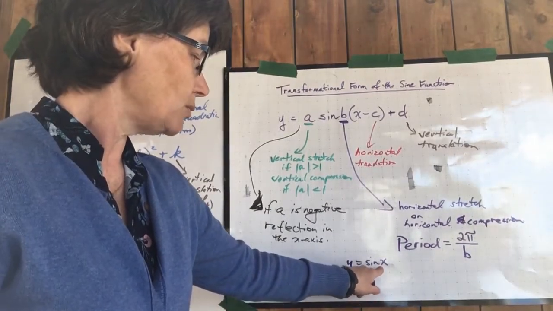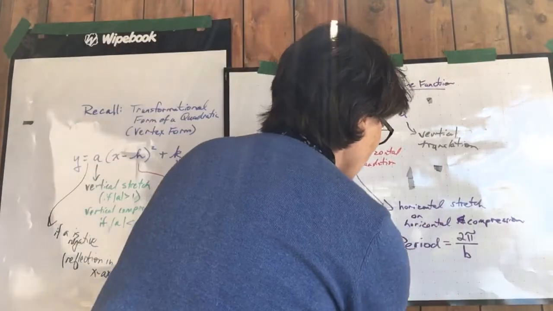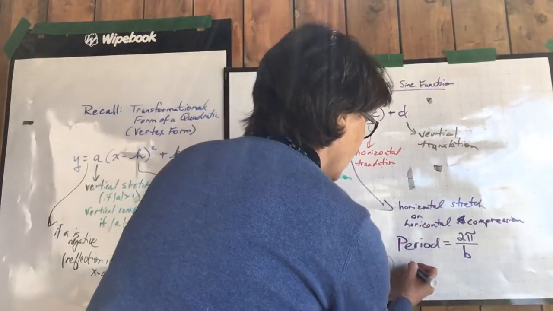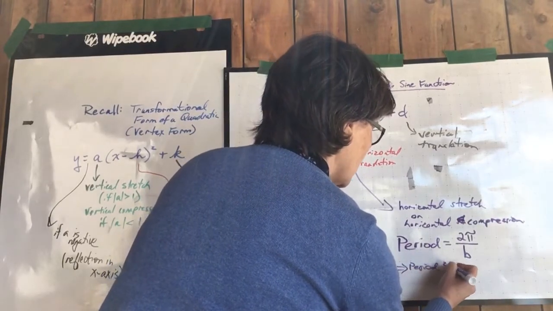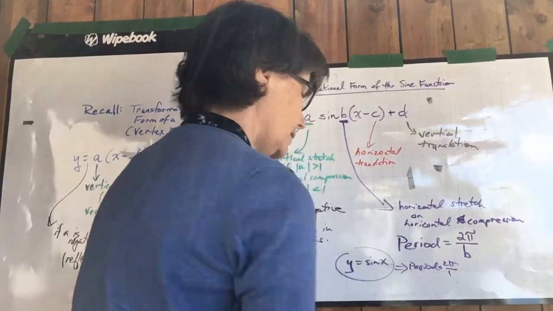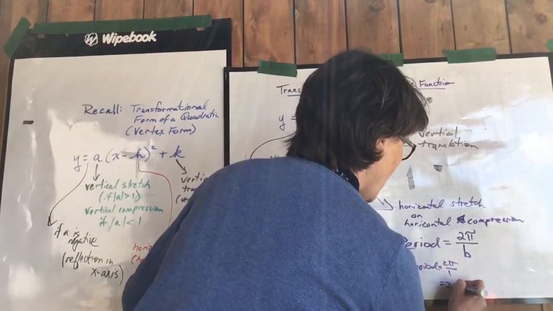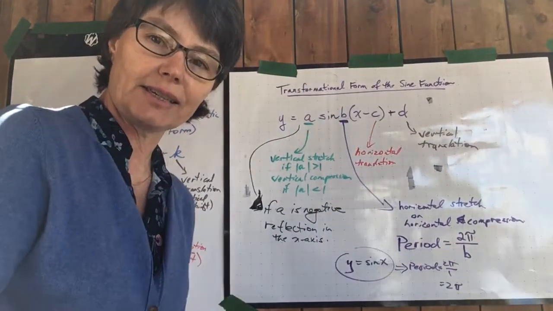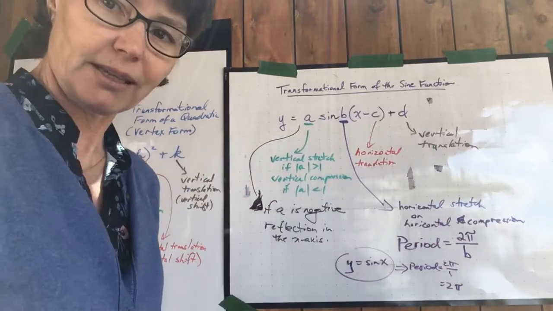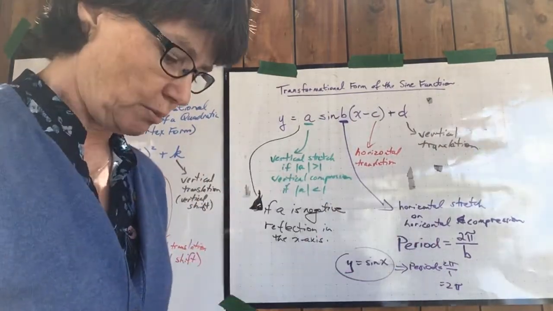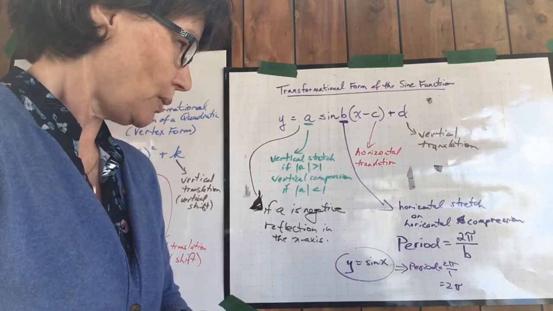So b is equal to 1 in this case. So for y equals sine x, the period is 2 pi over 1, which means the period is 2 pi. And we saw this in our previous videos, where the period was the length from the origin to 2 pi.